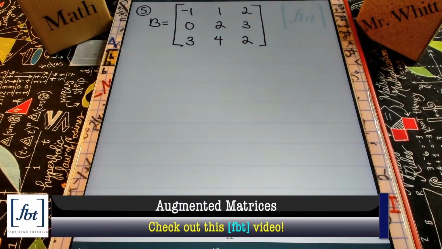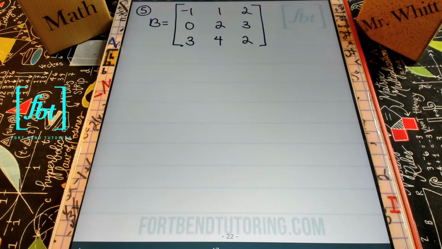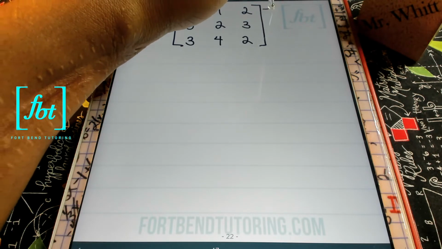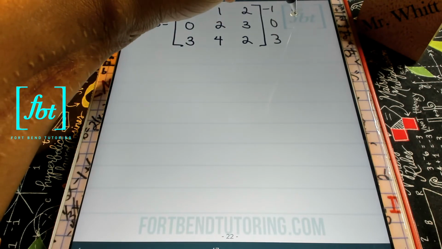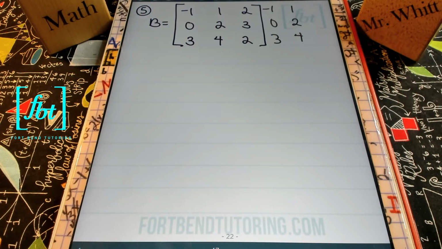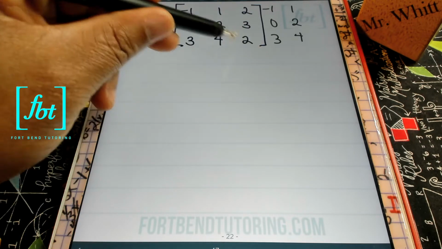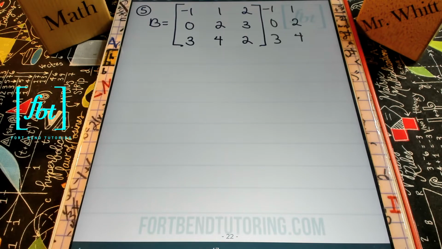Here we have example 5, and we have a 3 by 3 matrix. What does that mean for me? If I'm using the multiply and subtract method, that means I need to rewrite the first 2 columns. So I'll begin with -1, 0, 3, 1, 2, 4. And with that, I'm going to be taking the diagonals up to the left and multiplying them together first.